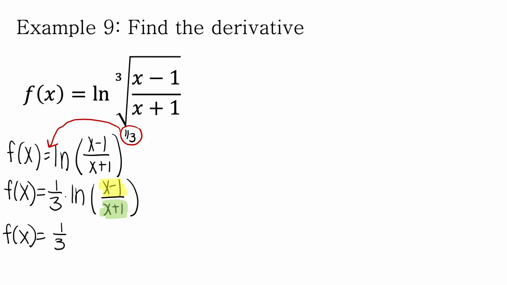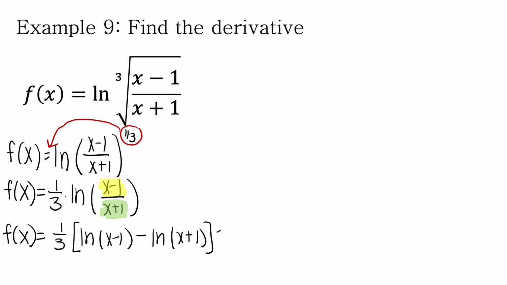Keeping my 1/3 on the outside, I'm just going to be careful to keep a large bracket so I know my 1/3 applies to both pieces: the natural log of my numerator, x minus 1, minus the natural log of my denominator, x plus 1. So quick rewrite step there. I've rewritten my function as 1/3 times the natural log of x minus 1 minus the natural log of x plus 1. At this point, we can go ahead and take our derivative.